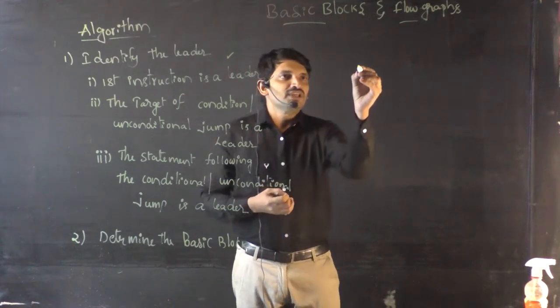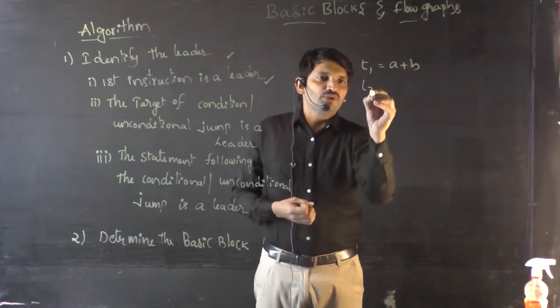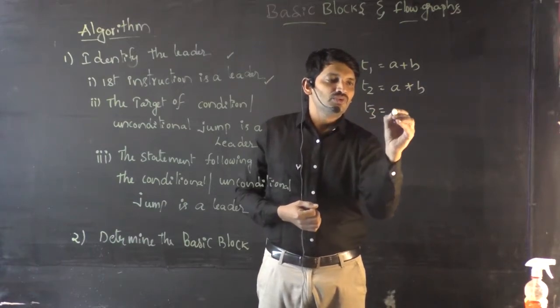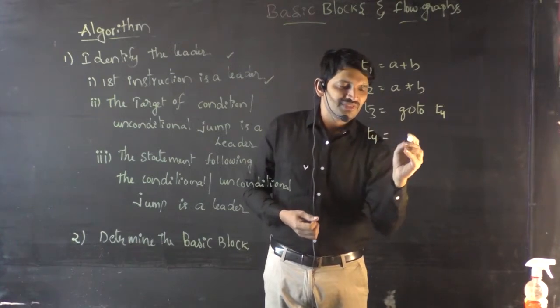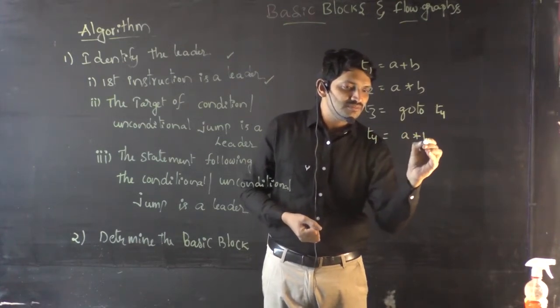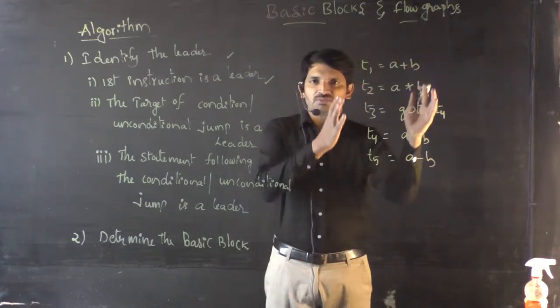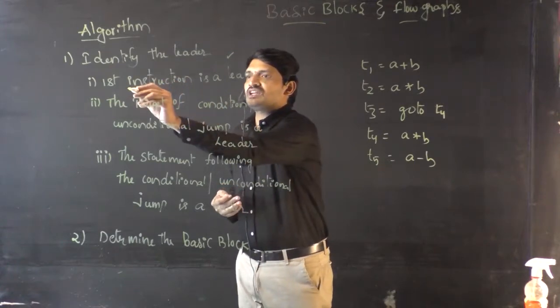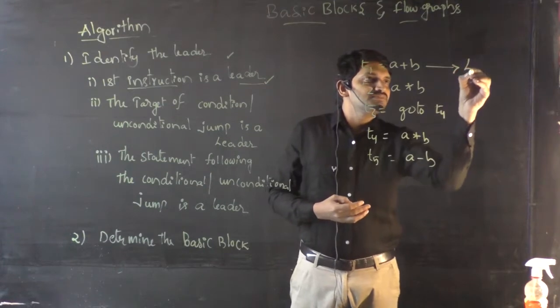Suppose the code is like T1 = A + B, T2 = A * B, T3 = go to T4, T4 = A + B, T5 = A - B. Let us say this is my sample code. According to the first point, the first instruction is a leader. So this is my leader.